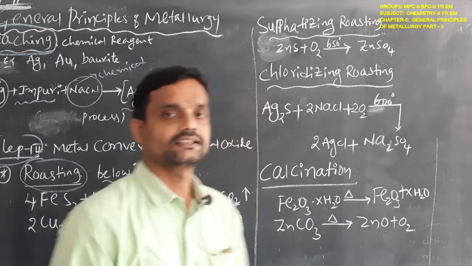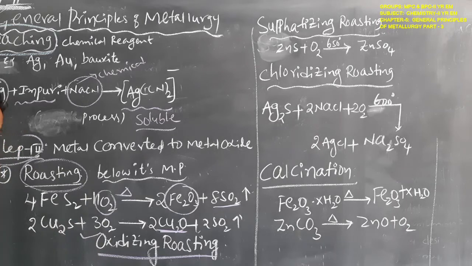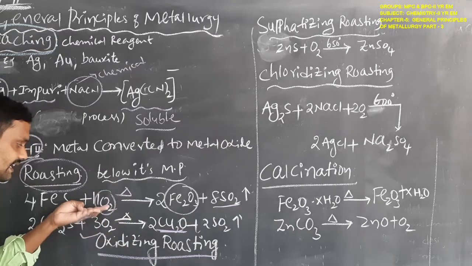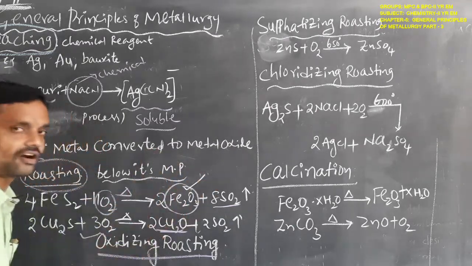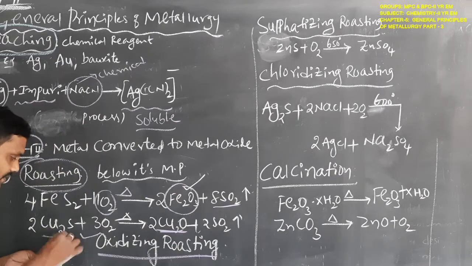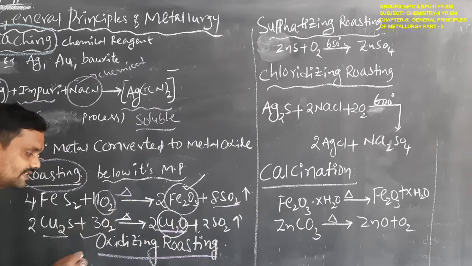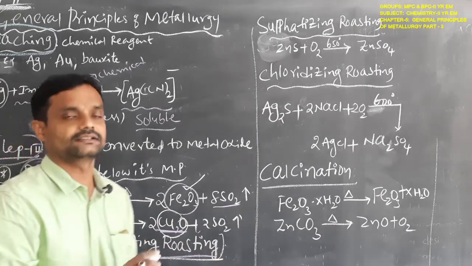Let us see one by one with examples. For example, oxidizing roasting. The ore is heated in presence of excess air, then the ore is converted to its oxide form. Here also copper ore is converted to its oxide during the roasting process, so it is called oxidizing roasting.